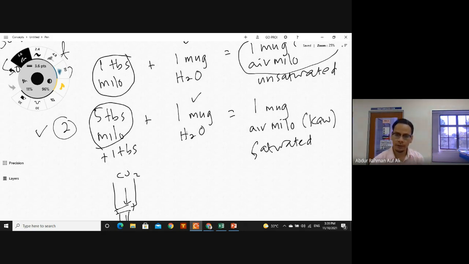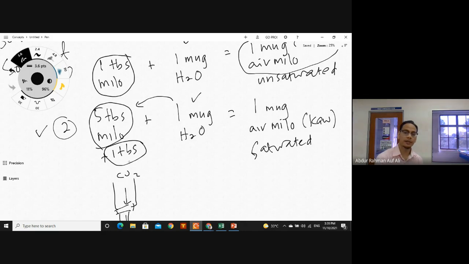So maksudnya 1 mug of water tadi tu dia hanya boleh dissolve sebanyak 5 tablespoon of serbuk Milo saja. Once we add 1 more tablespoon of Milo, dia tak boleh larutkan dah. So dia jadi tepu pada 5 tablespoon of serbuk Milo saja. Okay, if we add more, dia tak boleh larutkan dah.